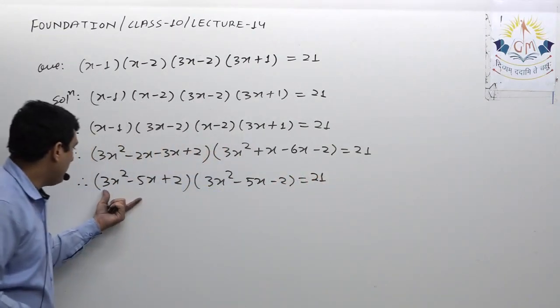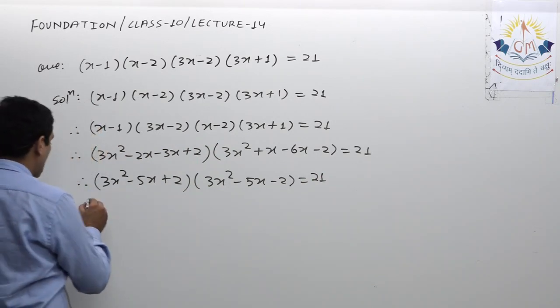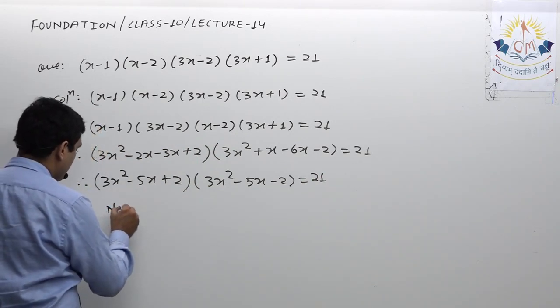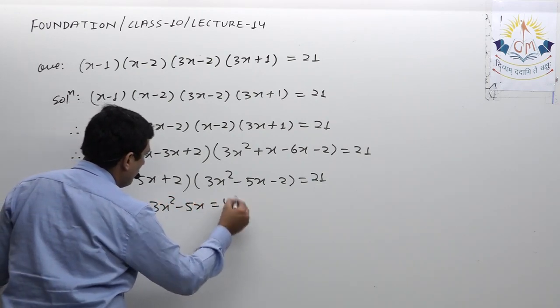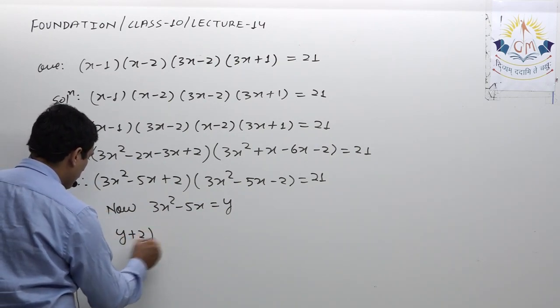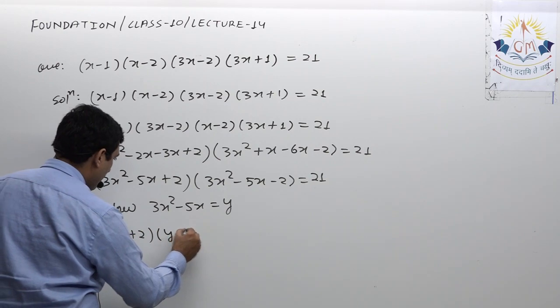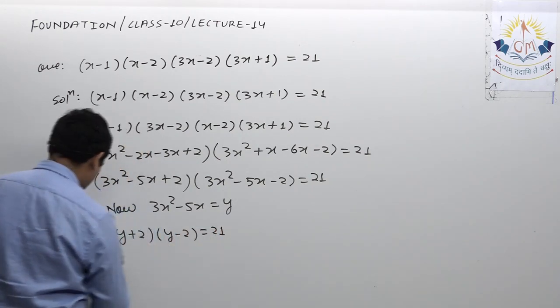Now let 3x square minus 5x equal to y. Therefore I'll get (y + 2)(y - 2) = 21.